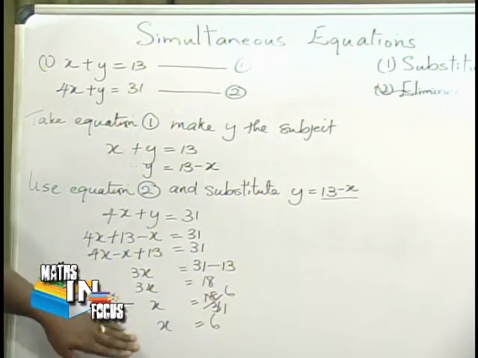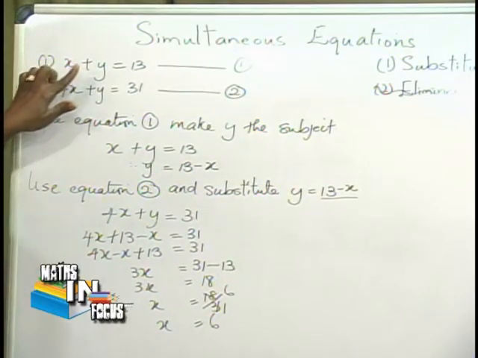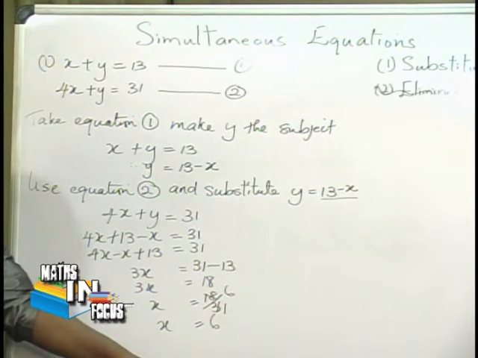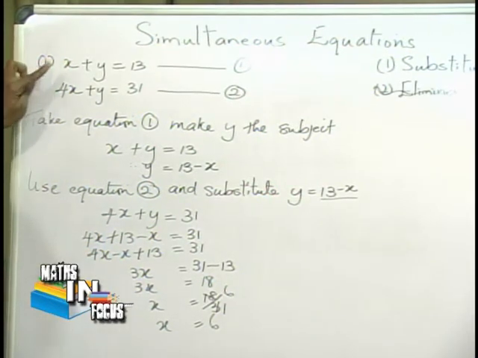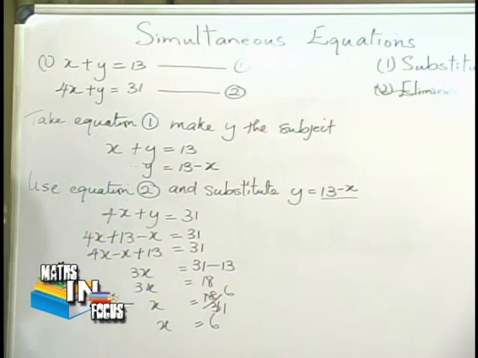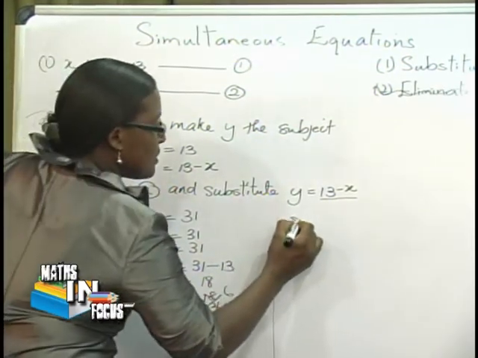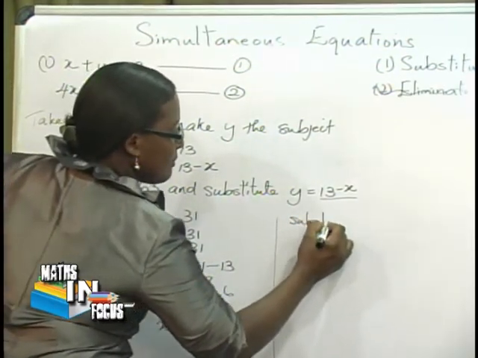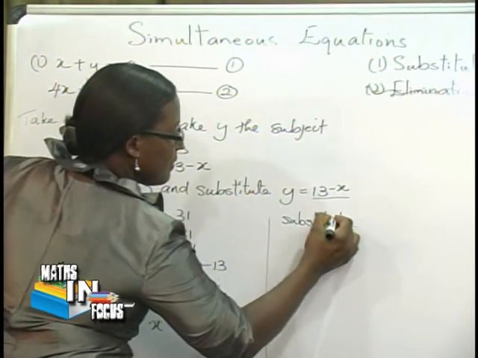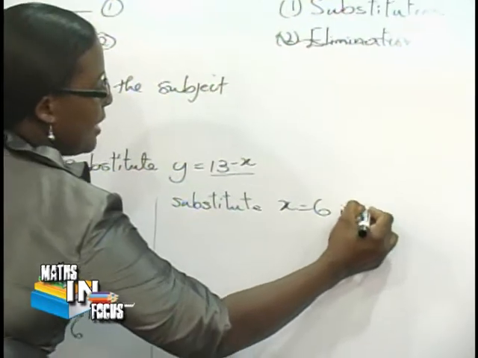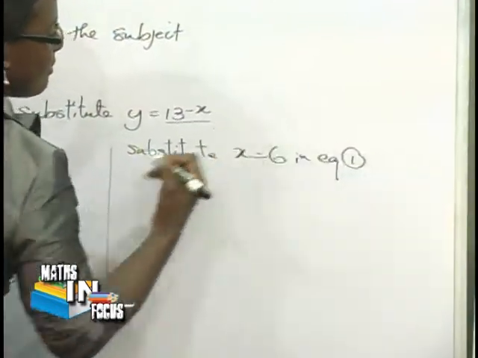Now that we have x, you notice we have an x and a y. Now that we have x, we can put it back into any one of these two to find y. So we're going to substitute x equals 6 in equation 1.